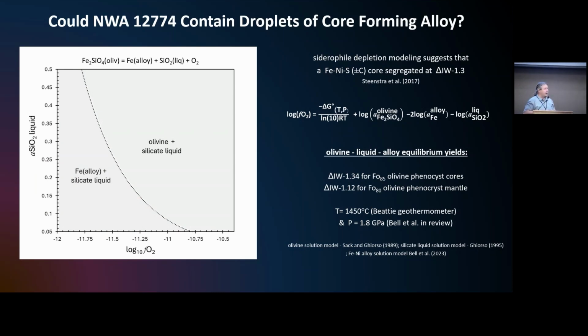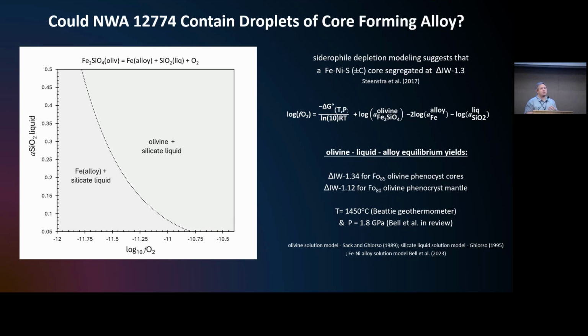I've done some thermodynamic modeling using MELTS and the internally consistent data within MELTS. Using this equilibrium, I calculated that for the olivine composition present in the phenocrysts, the fO2 of that phase assemblage is about IW minus 1.3 to 1.4.